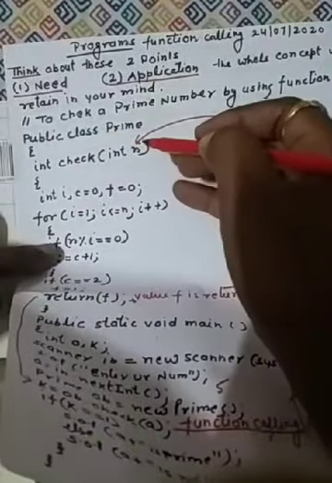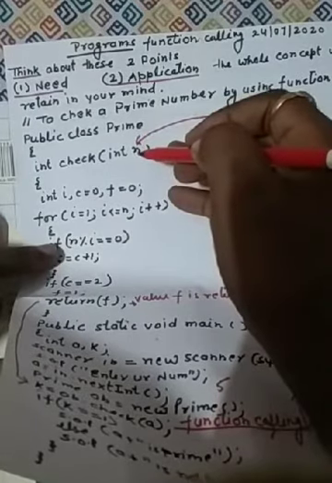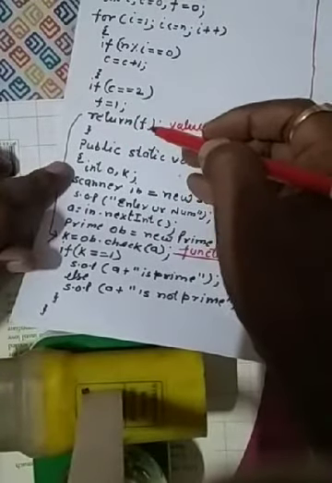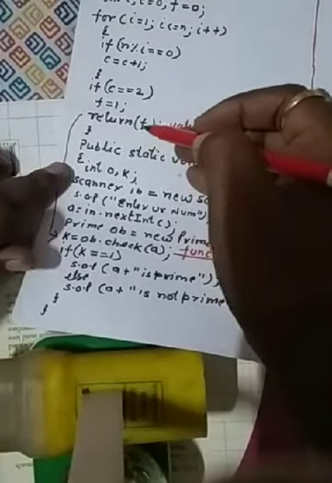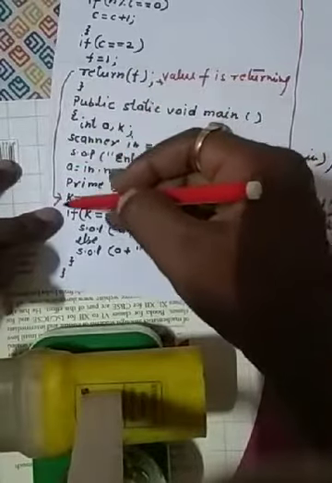See here, the value of a is 5. A will be copied over here and it will be checked whether 5 is prime or not. It will return f, meaning 1 in that case. Returning means it will come back here, k = 1.